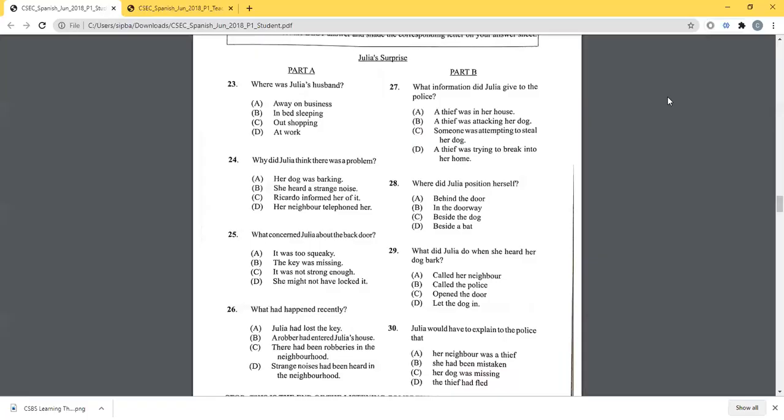Sin pensar en el peligro, abrió la puerta y, ¡qué sorpresa recibió! En vez de un ladrón, ella vio a su perrito rodeado de los perros feroces del vecino. End of part B. All right?